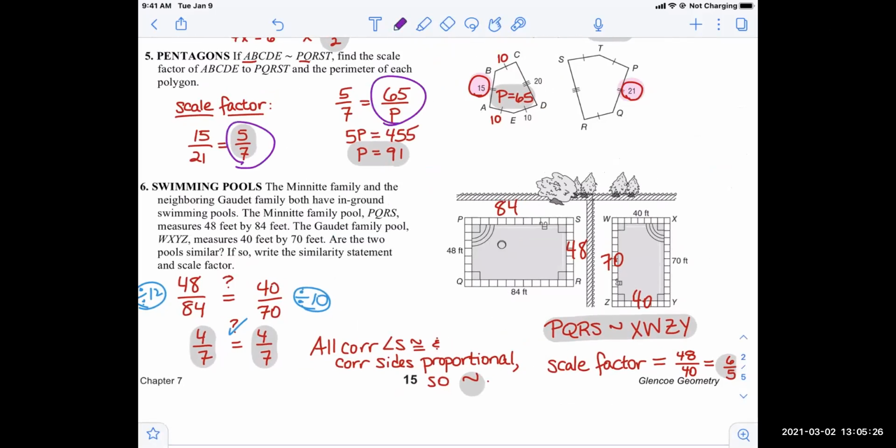If you know that the perimeter ratio is the same as the scale factor, you can just find the perimeter of this shape and then make a proportion to figure out what the other perimeter is. You don't have to actually find all those side lengths. So the scale factor is 5 to 7, so this perimeter compared to this perimeter is going to be in a 5 to 7 ratio.